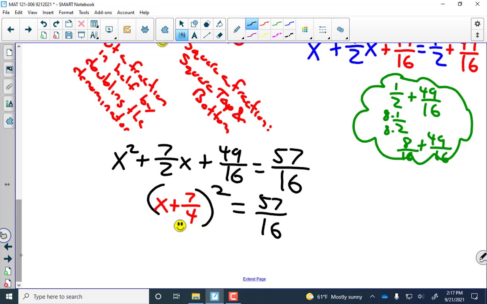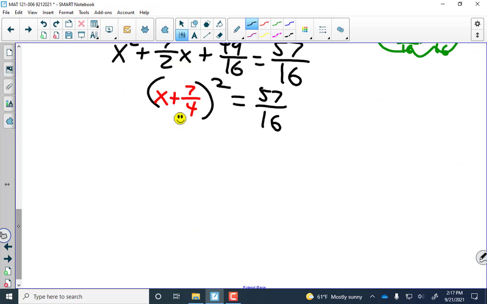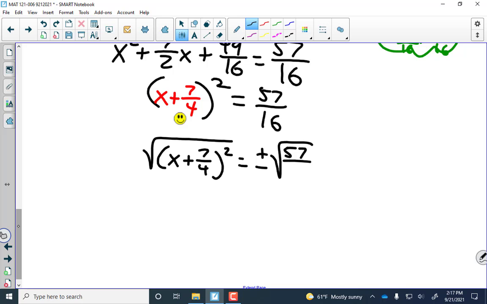Now, we apply the square root property. On both sides, take a square root. This just ends up x plus 7/4. Well, I don't know the square root of 57, but do you know the square root of 16? 4. One step left.